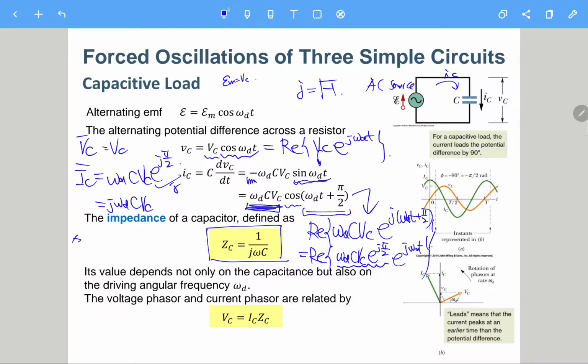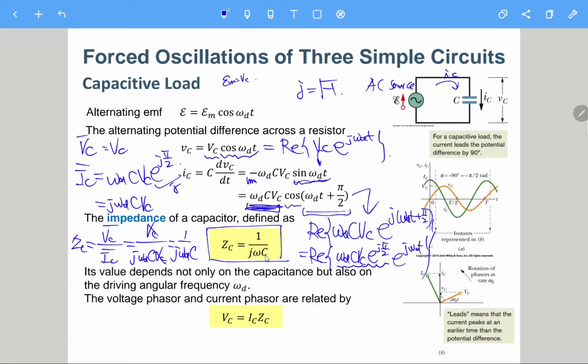So the impedance Z is nothing but Vc over Ic. So we have Vc over j omega d cVc. So Vc and Vc will cancel. It becomes 1 over j omega dc. And of course, we just write omega d to be omega, so we have 1 over j omega c here.